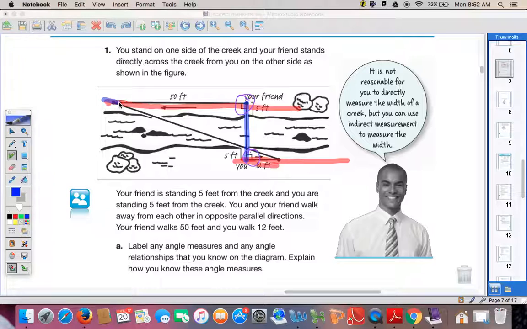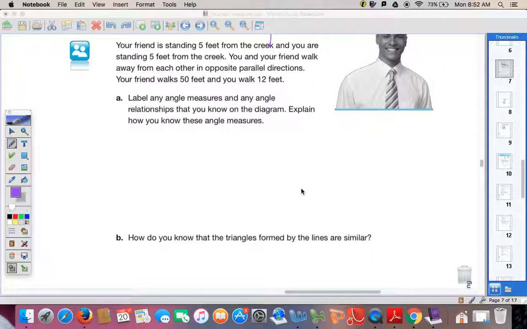Then when we look at this angle formed and this angle formed, we know that they're congruent because they are alternate interior angles. From our parallel lines, we've got this transversal, and the angles formed would be alternate interior angles. And alternate interior angles are congruent.